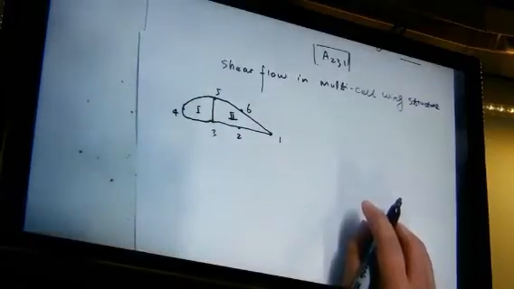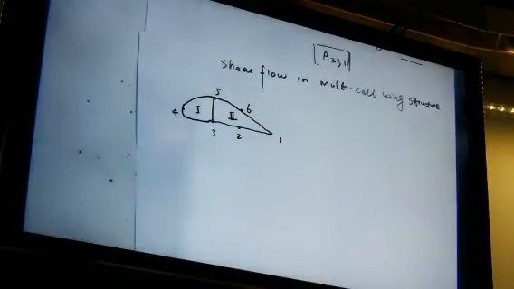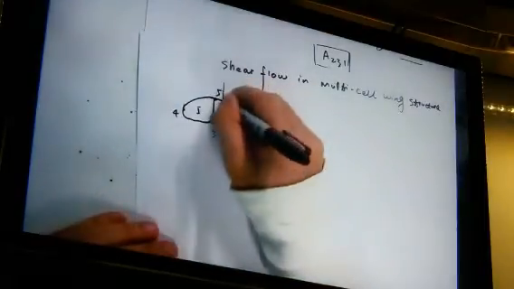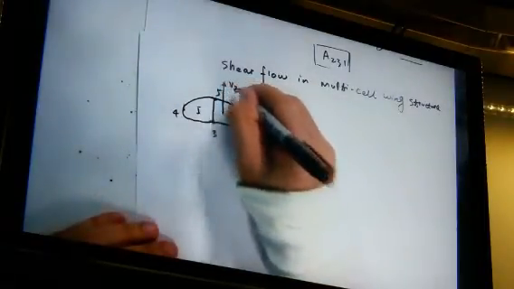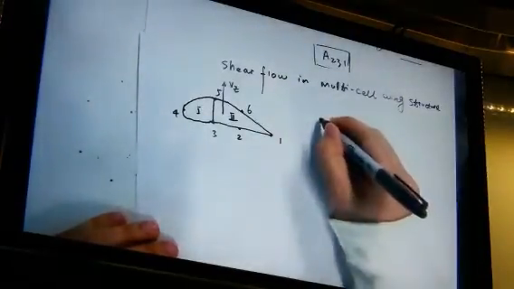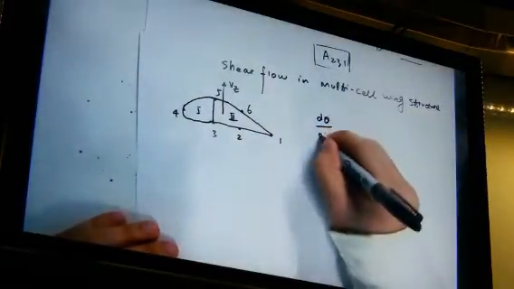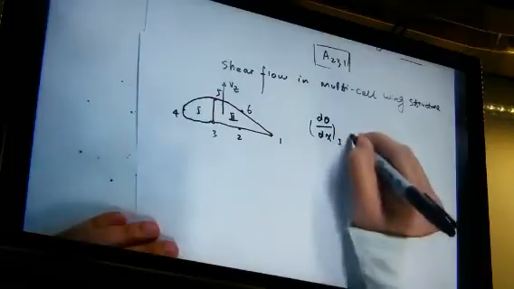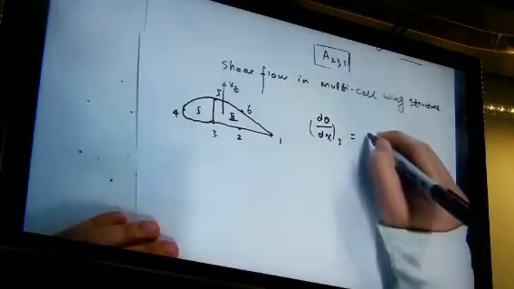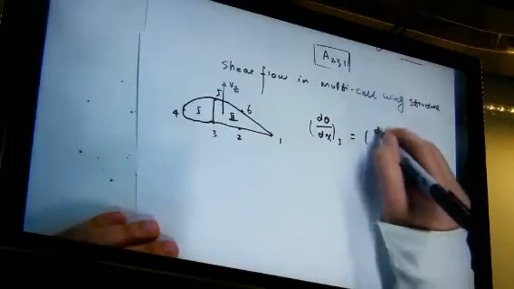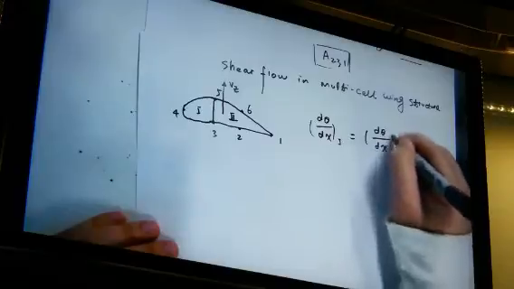Each of them is a closed section, and you need one more equation. This is VZ. That equation is that these 2 cells have to have the same twist angle, d theta/dx.